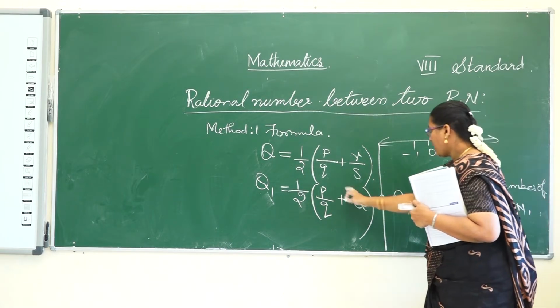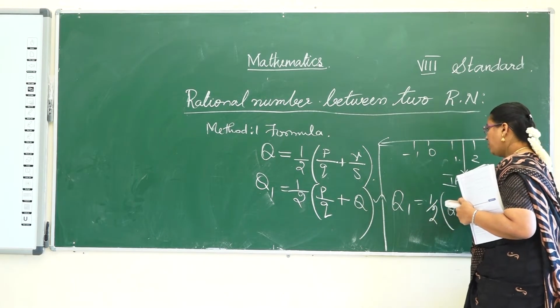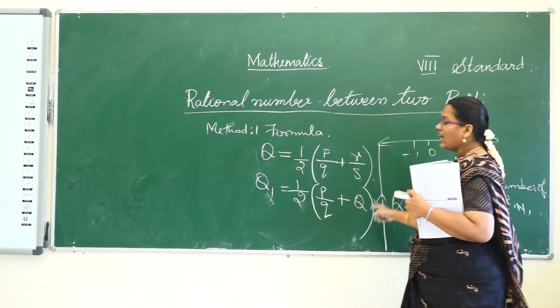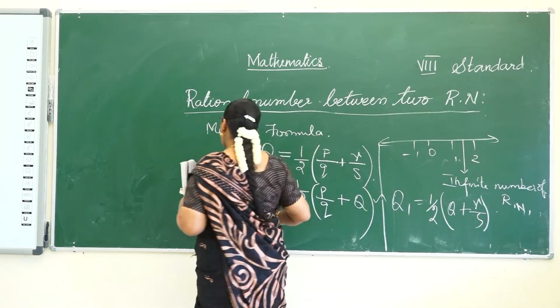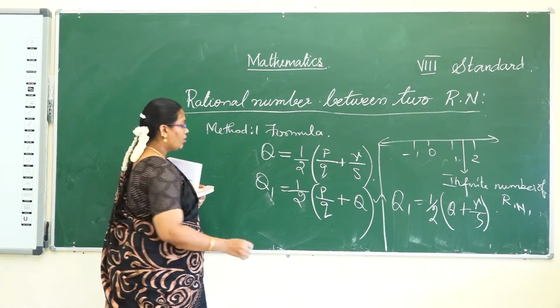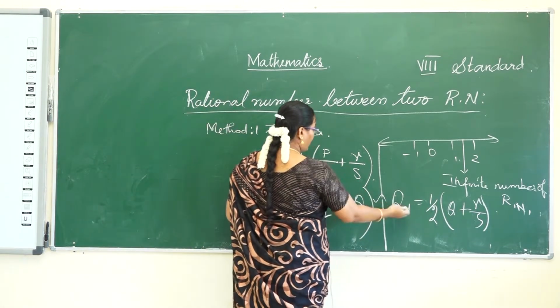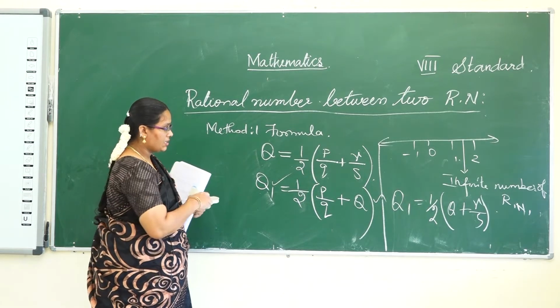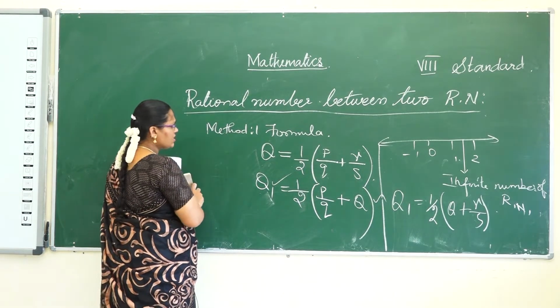So, in this place Q plus R by S also is a correct answer for another rational number, because there are infinite numbers of rational numbers. So, you can use any one of the formulas for these rational numbers. Okay. This is the formula method.